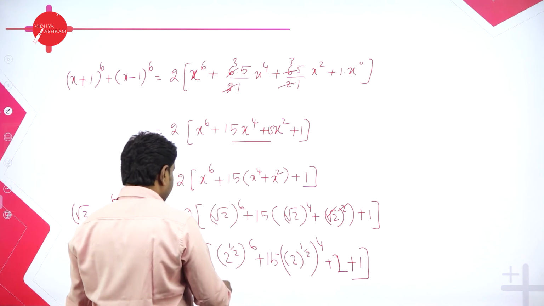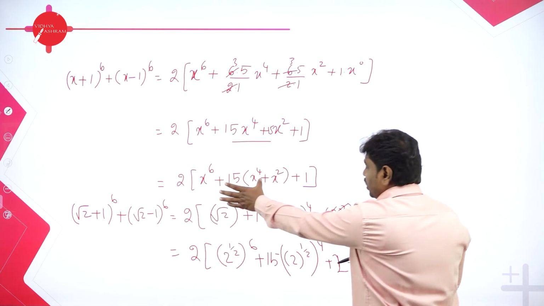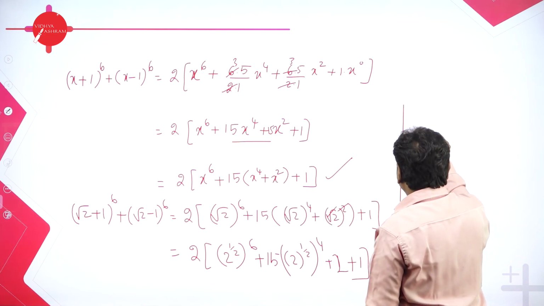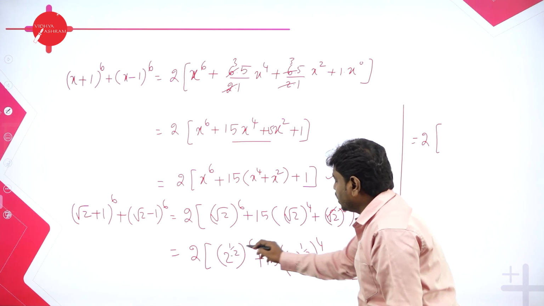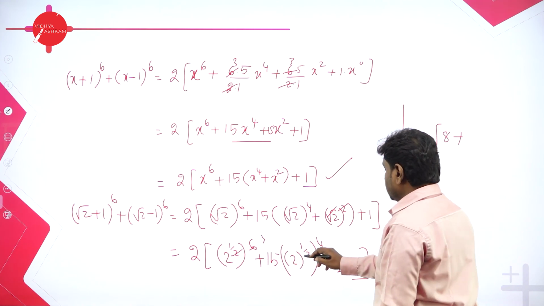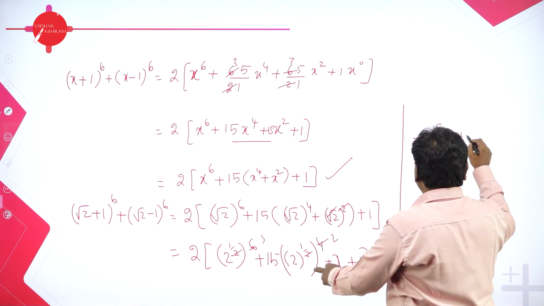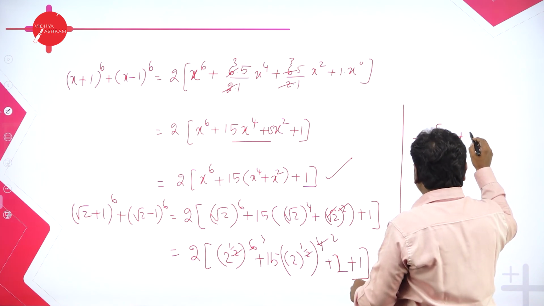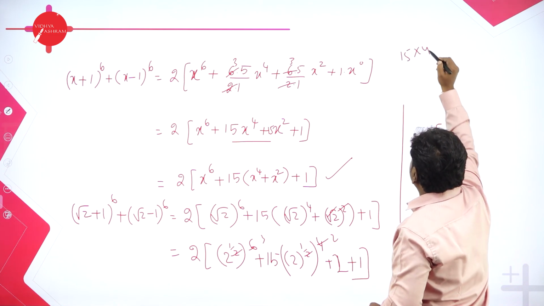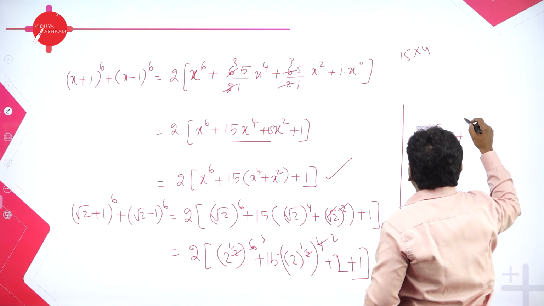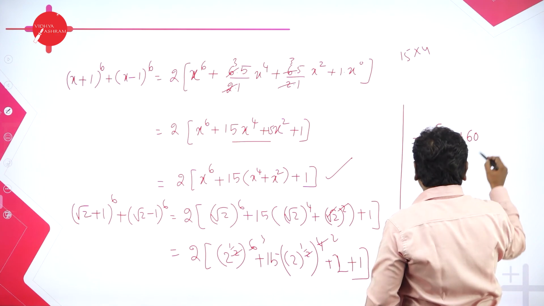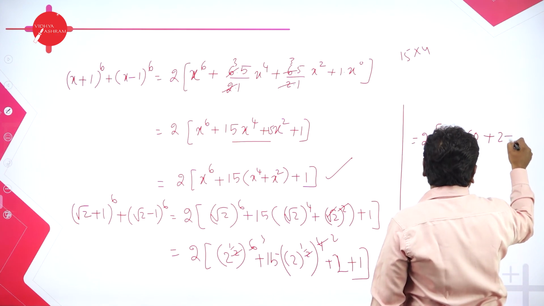Further simplify this. In the formula, in the place of x I am putting root 2. Further if you simplify, 2 into, 2 ones are 2, 3s are 2 cube, 2 cube is 8, plus 15 into 2 square is 4, 15 into 4, 15 3s are 45, 60, then plus 2 plus 1.